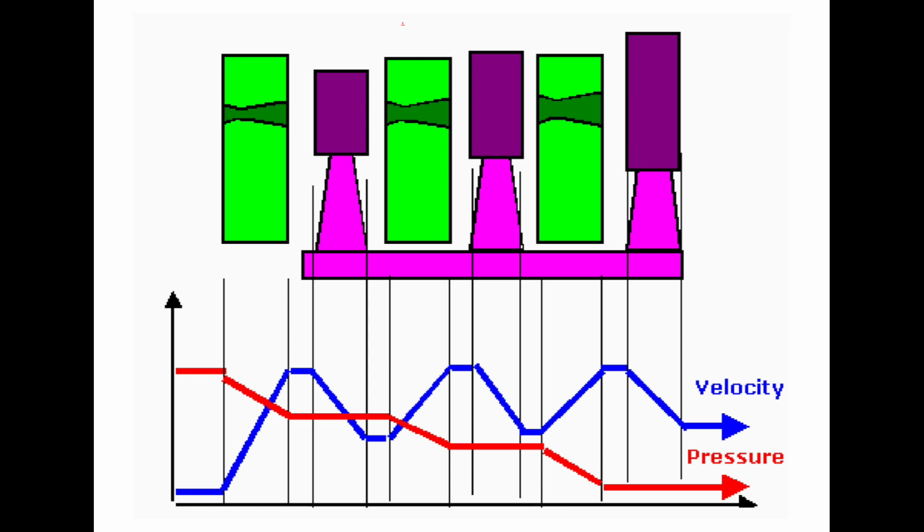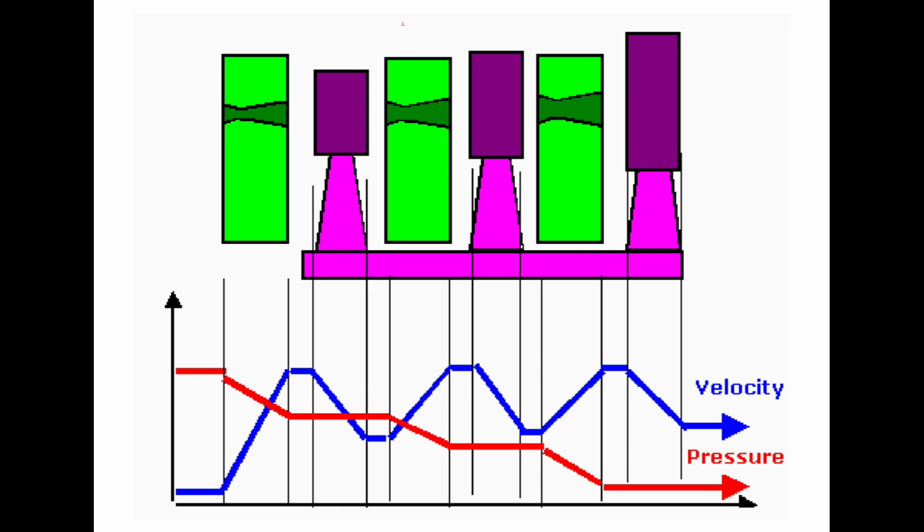As well as the velocity is increased when the pressure drops down. The velocity increases, where the constant pressure also provides constant velocity of the steam, and then again the velocity decreases due to the moving blade.